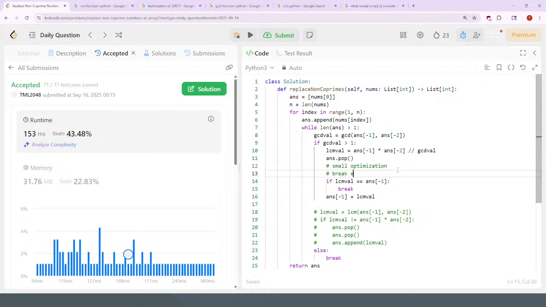Break early if already done comparison of those prior values. In this case, it's like answer at -2 and answer at -3 originally.